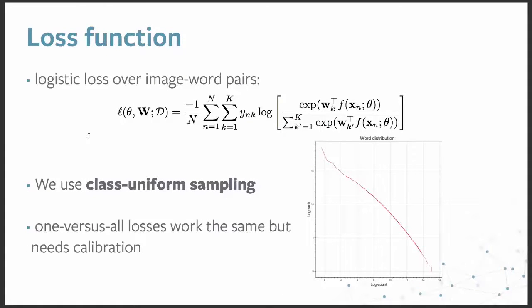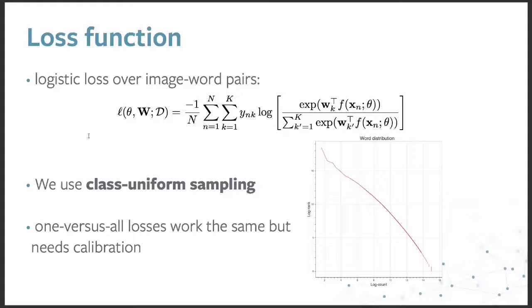We tried several approaches to tackle the multi-class, multi-label problem, but what we found, surprisingly, is that using a softmax function, where you consider that each image comes with just one word, works surprisingly well. You pick one word randomly from your caption and just predict that. It's also very simple to implement and to make scale.